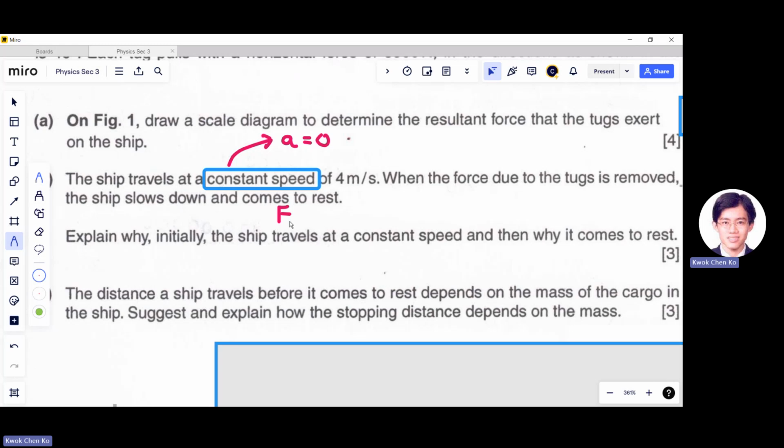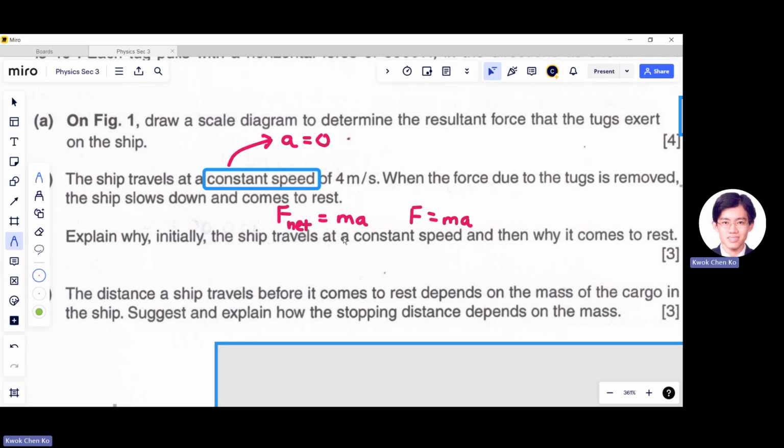And if you make use of this formula, but before I go further, there are lots of people who write this formula in this manner. Now, this is not wrong. However, I prefer to write with the net as a subscript because it reminds you that the force must be a net force.